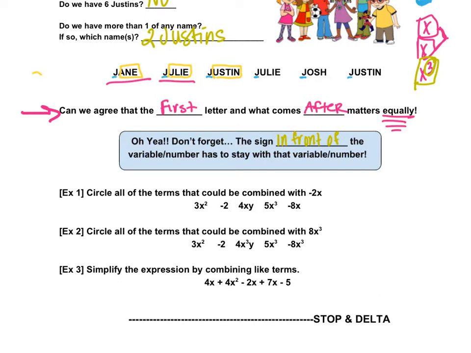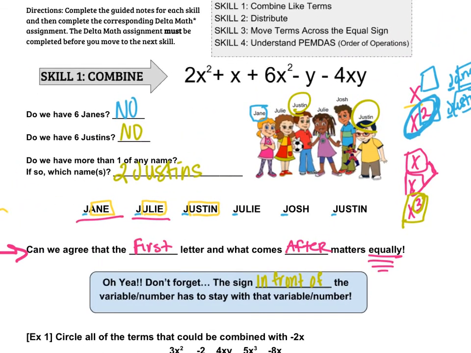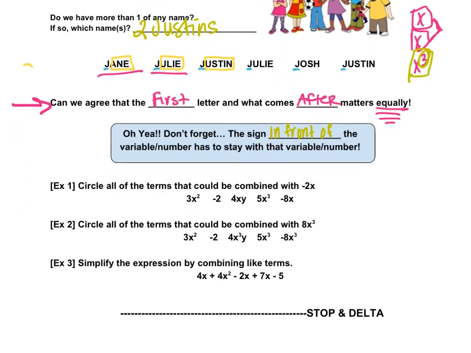But just remember that if I have something like up here in the original problem, this negative sign or this minus sign has to stay with the 4xy. And this minus sign has to stay with this y. So if you have a negative sign or a positive sign, it has to be attached to whatever comes after it. So make sure if you're combining things, you take into account every single sign and keeping it attached to the term that comes after it.